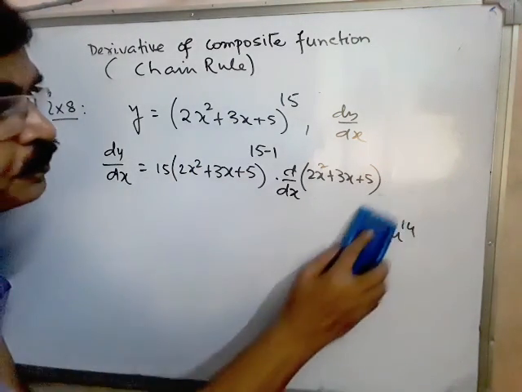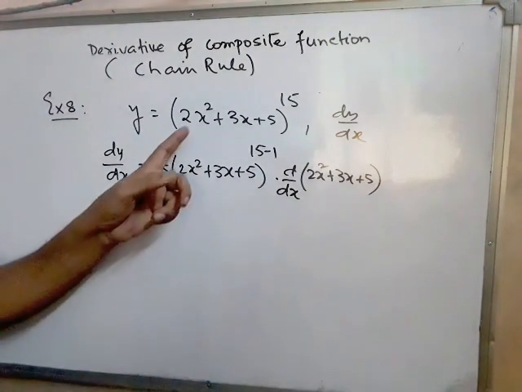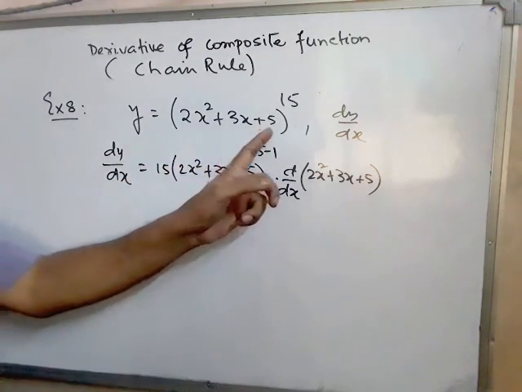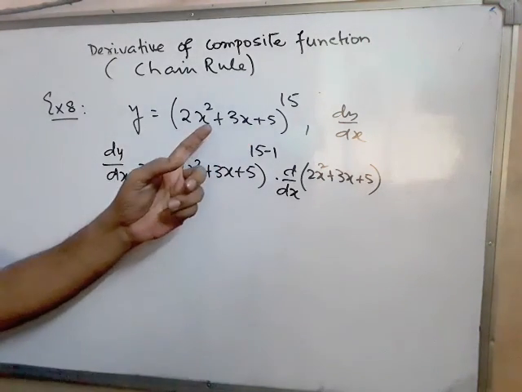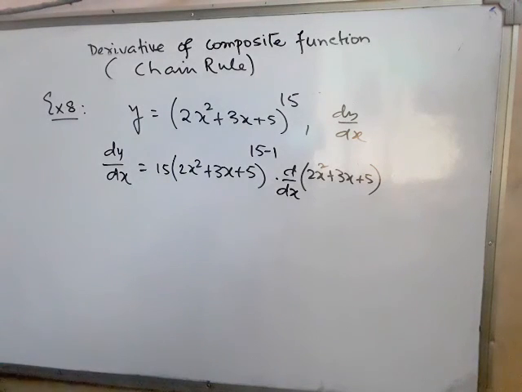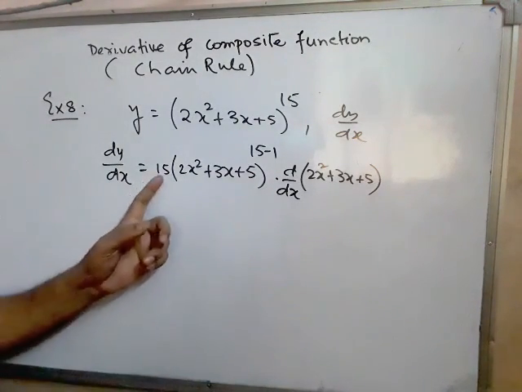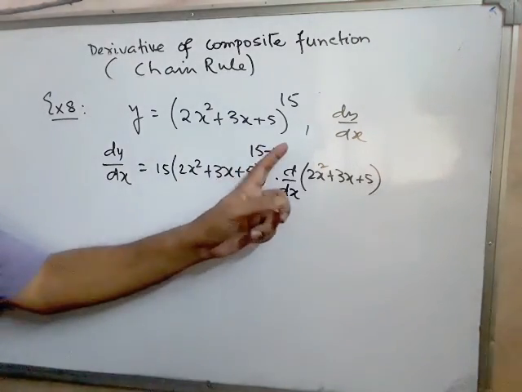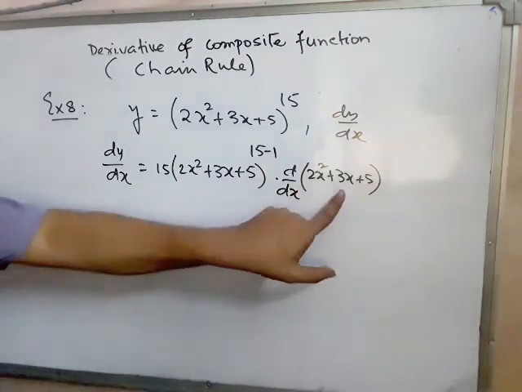So once again, mentally we are considering 2x square plus 3x plus 5 as u. So it becomes u to the power 15, and our formula for u to the power n is n u to the power n minus 1 into d by dx of u.